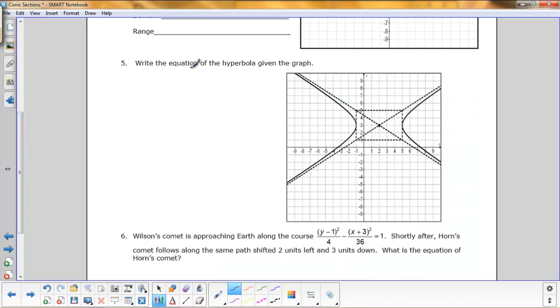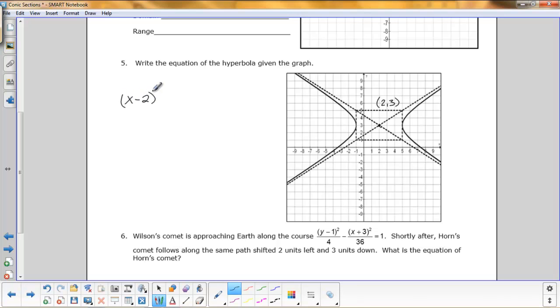Question number 5. Write the equation of the hyperbola given. In this particular problem, I'm going to find my center first. My center is located at 2, 3. I'm going to recognize that the hyperbola is on the left and the right side of the fundamental rectangle, making this my transverse axis, which means that x will in fact come first.